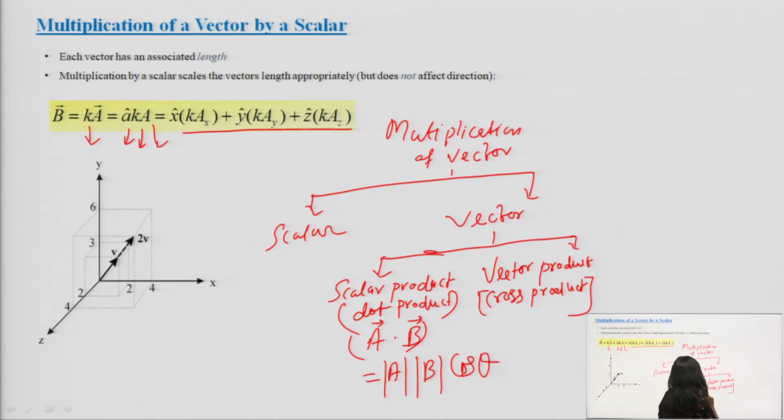Similarly, if there are 2 vectors a and b, then the vector product or cross product will be represented like this, and this will be equal to the magnitude of a multiplied by the magnitude of b and the sine of the angle between a and b, sine theta.